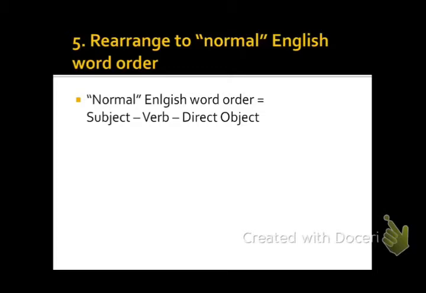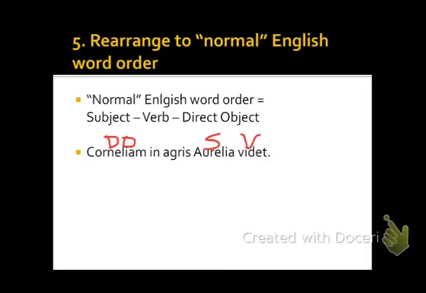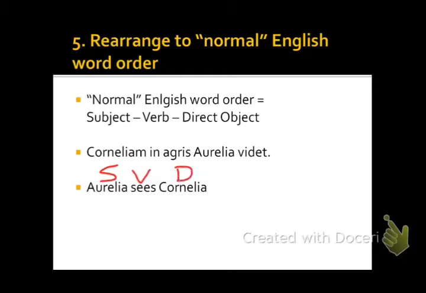So when you're rearranging the Latin sentence, cornelium in agris Aurelia videt, we already said that cornelium's our direct object and Aurelia is our subject and videt's our verb. So we're going to have to rearrange it. And when you rearrange it and translate as you go, you end up with Aurelia sees Cornelia, right? Aurelia is our subject, sees is our verb, Cornelia is our direct object. That's our normal English word order.